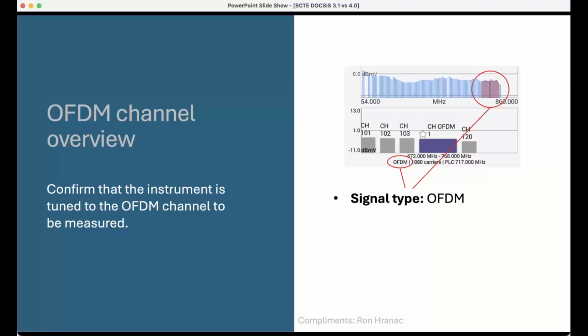This makes it easier for technicians to measure that OFDM channel and compare it with 6 megahertz blocks of SC-QAM channels. When you hover or select that OFDM channel, the meter will display a label as to which channel type it is, in this case, OFDM. Make sure that you can quickly analyze both types of channels, SC-QAM and OFDM, during your field testing.